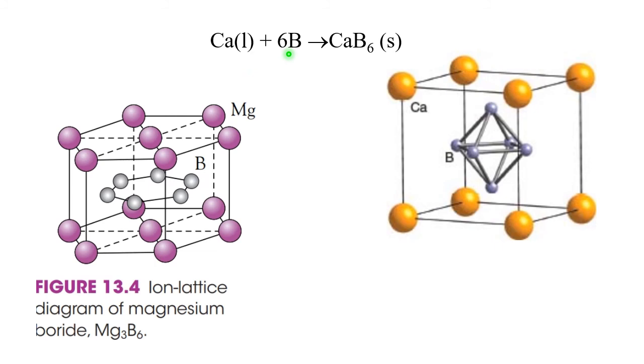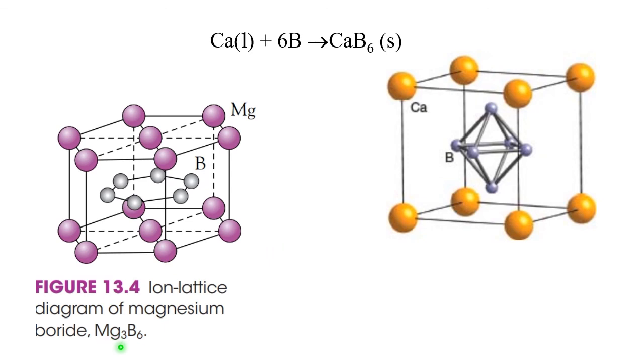Boron reacts with many metals to make borides of very complex structure. For example, with calcium, it makes CaB6 of such a beautiful composition.